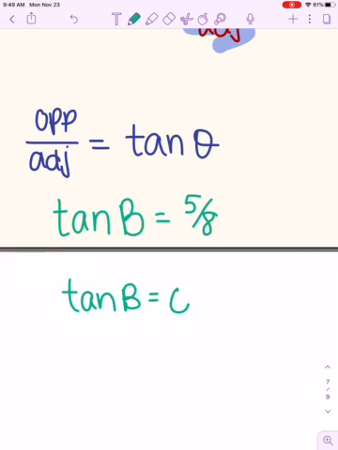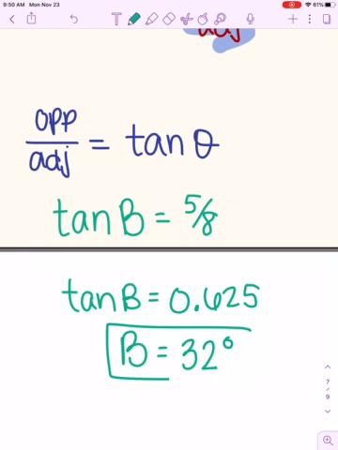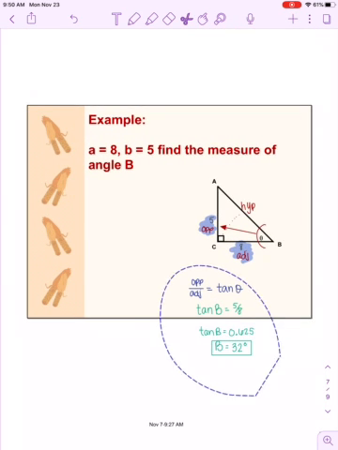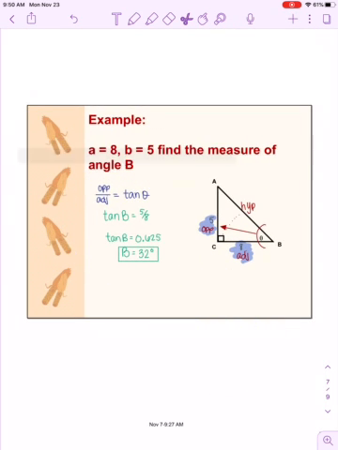So the tangent of B is 0.625. I need to know angle B, so I use second tangent. Second tangent of the answer, and we're rounding to the nearest whole number for angles, which is 32 degrees. And that's it.